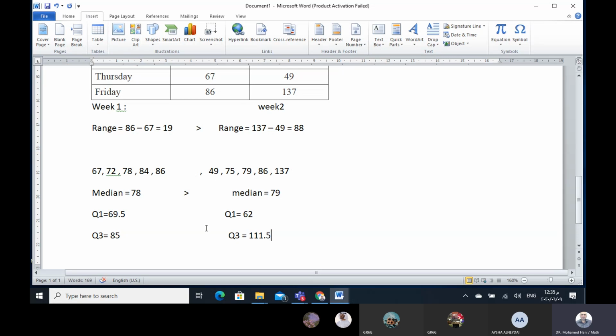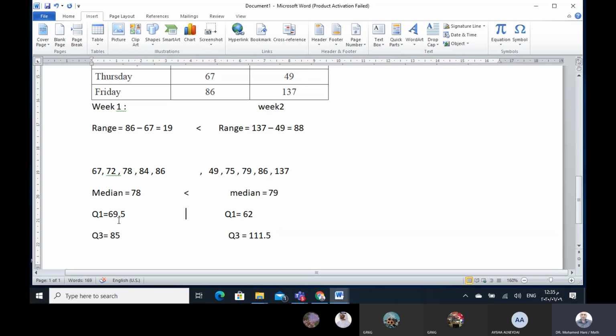Compare here between the Q1 values. Sorry, here we have a mistake. Now here Q1 is 69.5, here Q1 is 62.